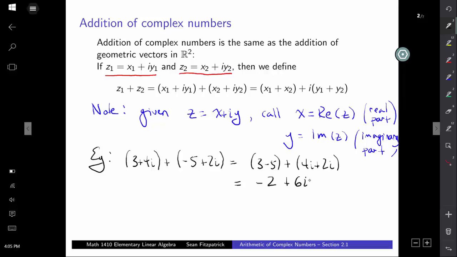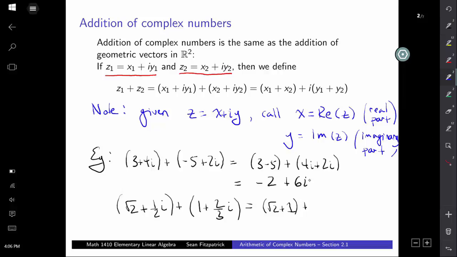And of course, they don't have to be integers. I could have something like root 2 plus 1 half i, and I might want to add to that something like 1 plus 2/3 i. I can still work with that. The only trouble is, I can't actually simplify root 2 plus 1, and for 1 half plus 2/3, maybe we have to go off on a bit of scrap paper.